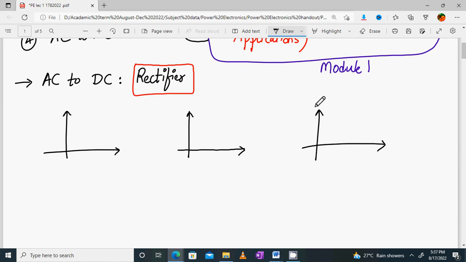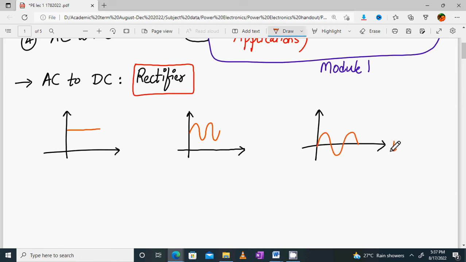Okay, so I'm going to draw three different diagrams, and you have to let me know which one is DC, which one is AC. So first one is this, second diagram is this, and the third is this. Let me redraw it properly.